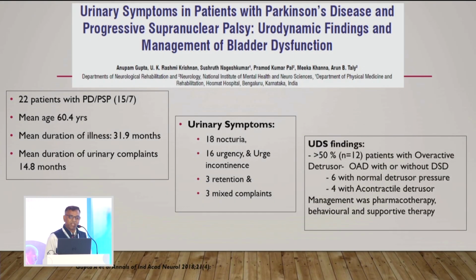And then the UDS findings showed more than 50% of these patients had overactive detrusor with or without dyssynergia, whereas some patients had normal detrusor pressure, and some of them in fact were found to have acontractile detrusor, which you cannot correlate anatomically, but that's what we have seen in a number of illnesses. So it does not correlate with the anatomical lesion.